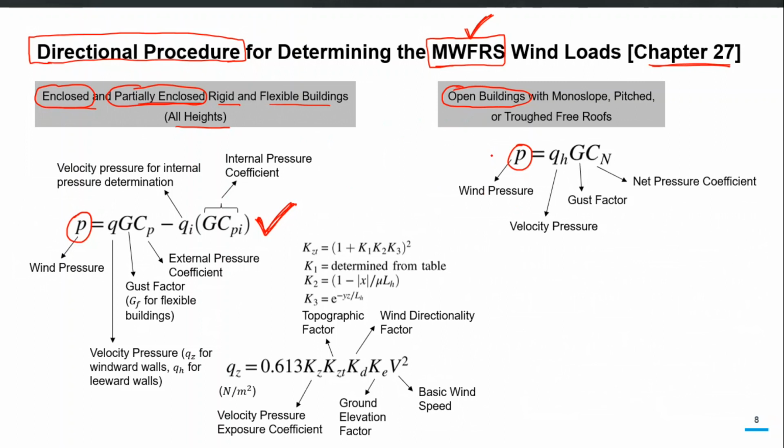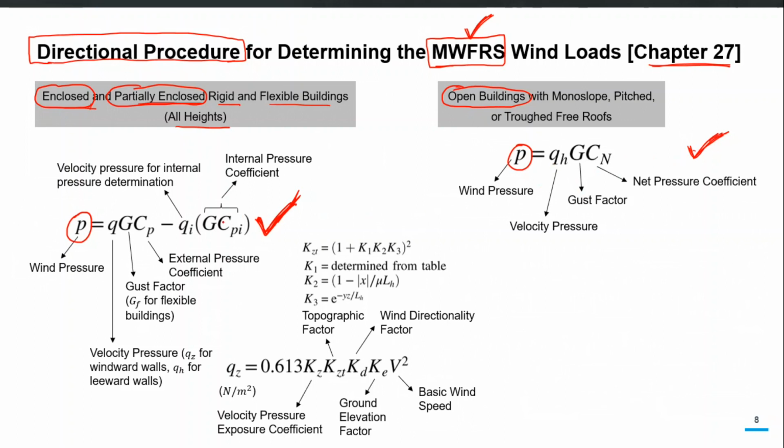So we'll discuss that in next few slides. So if our building according to that requirement is in enclosed or partially enclosed category, then we will be using this expression on the left hand side. But if our building qualifies for an open building, then our expression will be simplified. It is simply the expression on the right hand side of this slide.